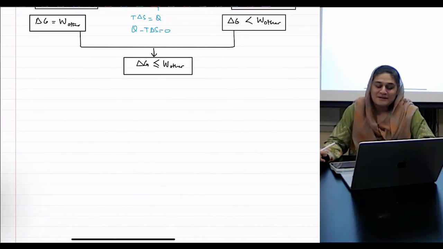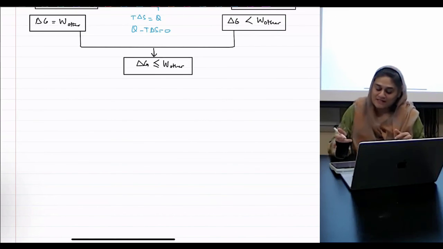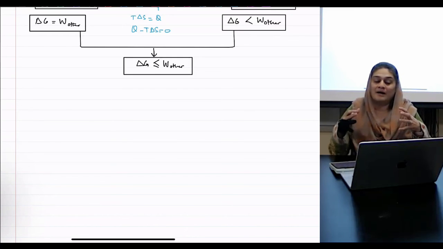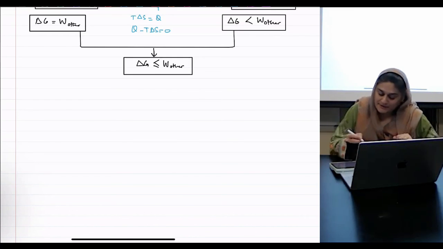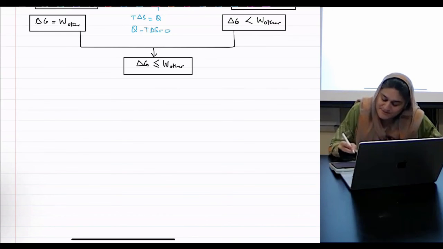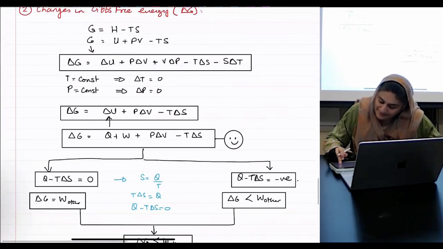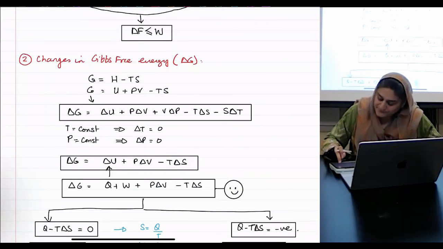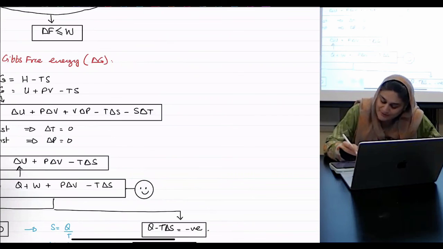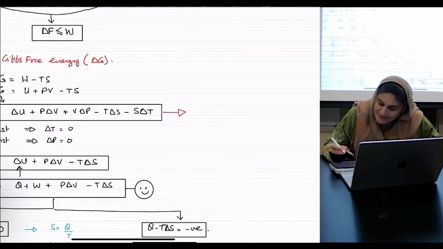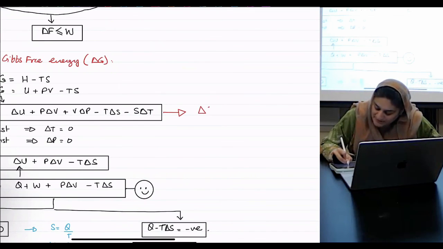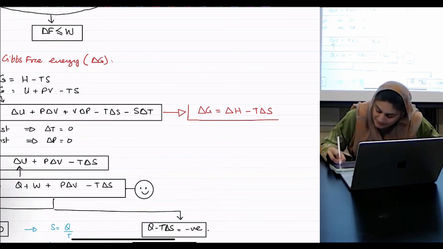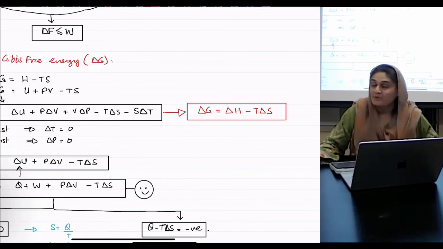Okay, so how does this all help us when we're looking for chemical reactions? Okay, so moving on, so summarizing. Delta G equals delta H minus T delta S. That's what you need to remember.